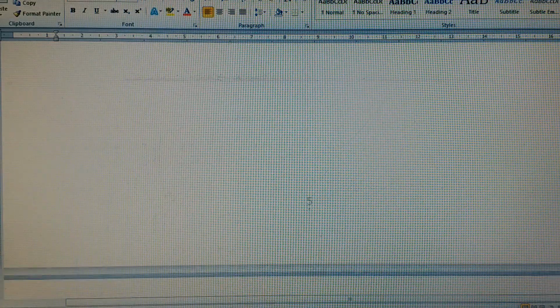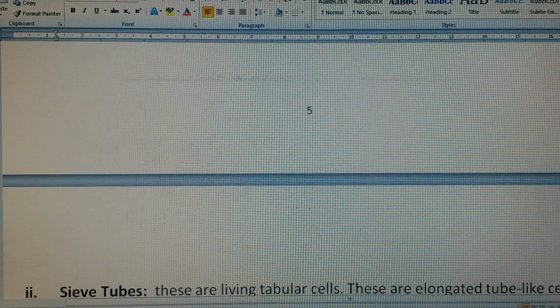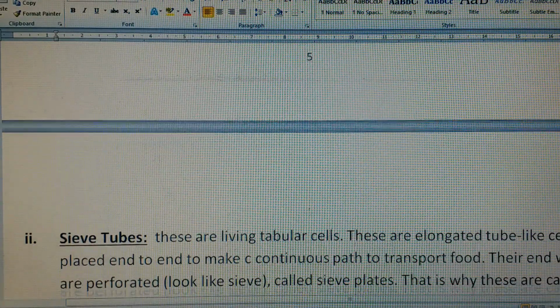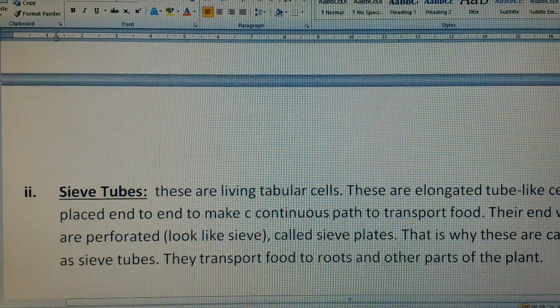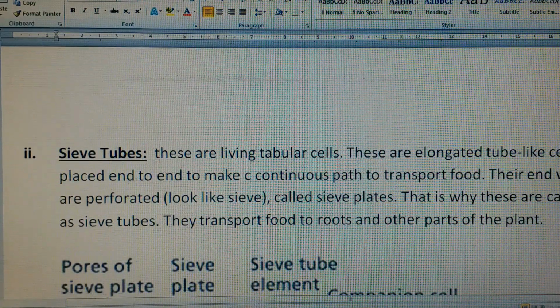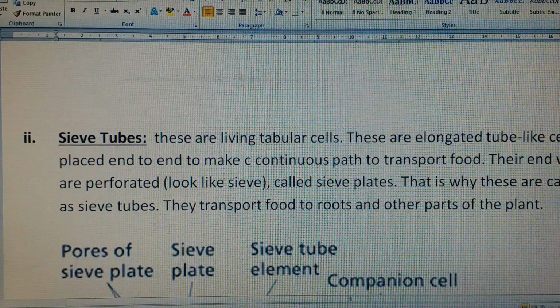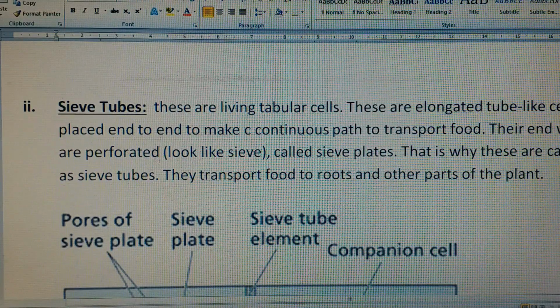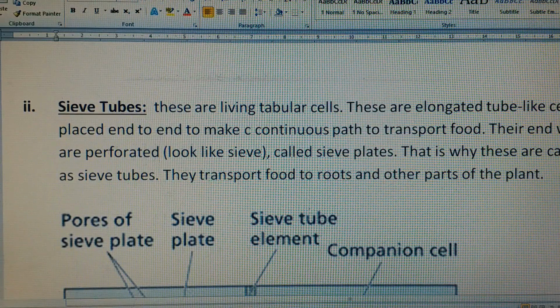The phloem also has another type of cell, known as sieve cells. As the name indicates, they are living and tubular cells. They are elongated tube-like structures placed end to end to make a continuous path to transport food.